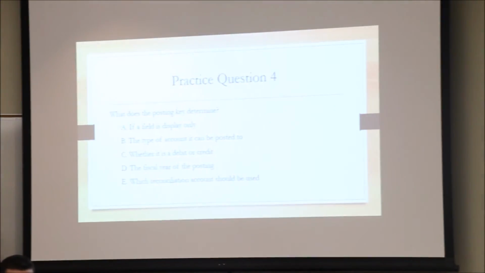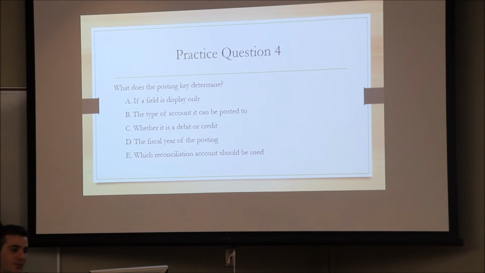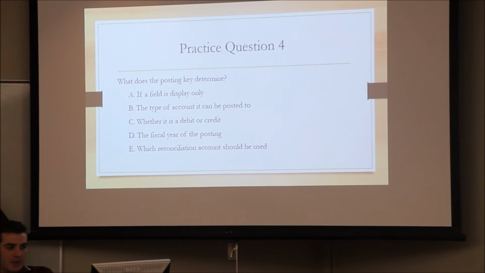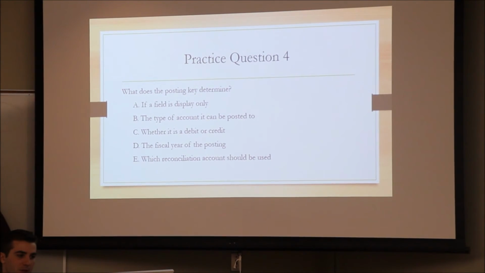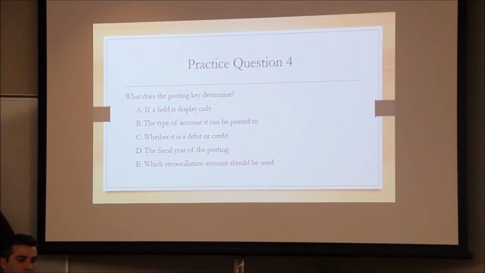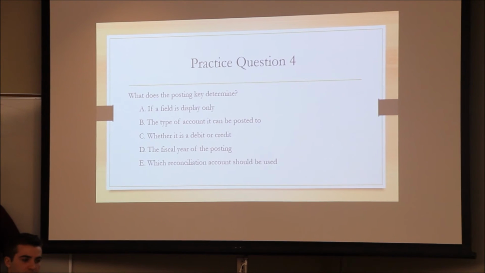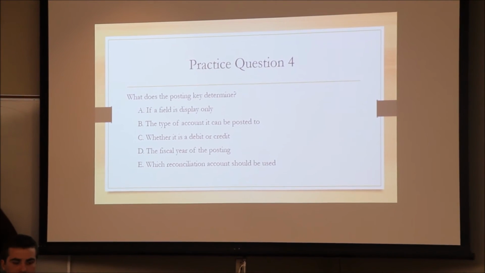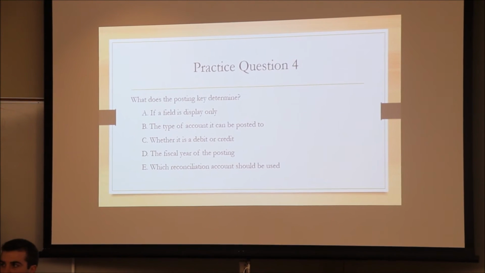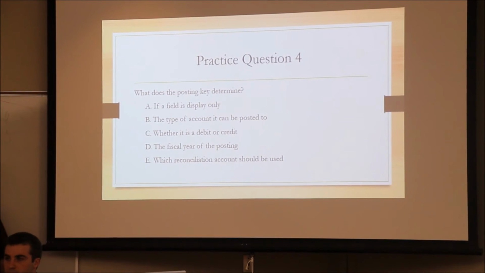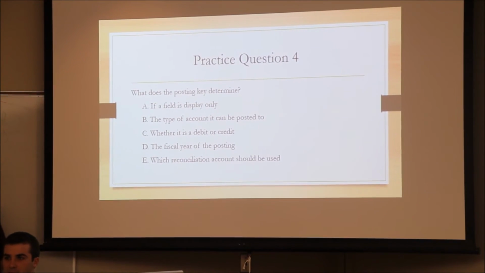What does the posting key determine? A, if a field is display only; B, the type of account it can be posted to; C, whether it's a debit or credit; D, the fiscal year of the posting; and E, which recon account should be used. This one also has more than one answer. Let you guys ponder it for a sec.